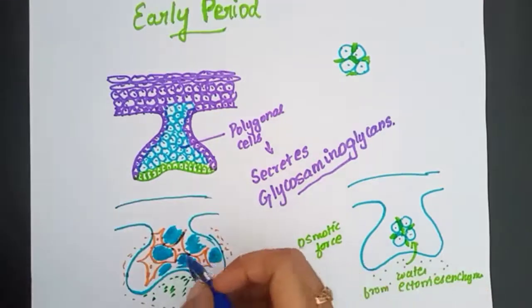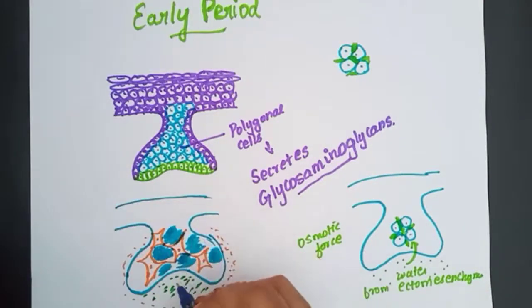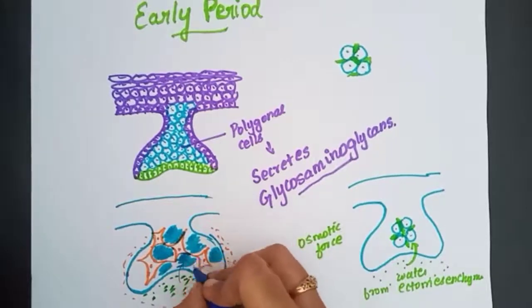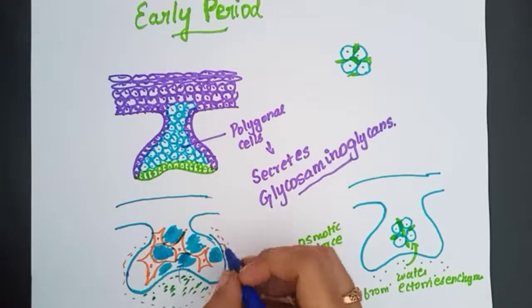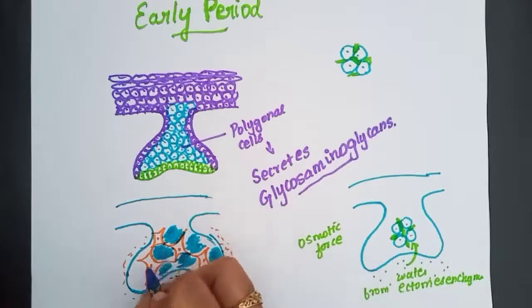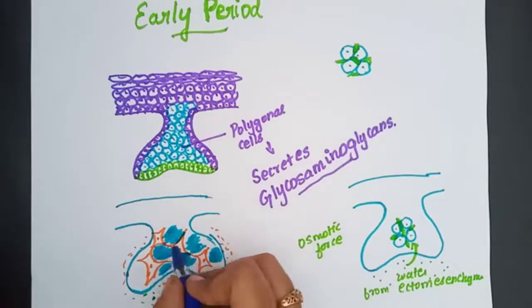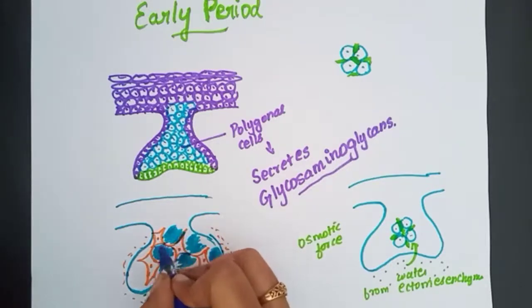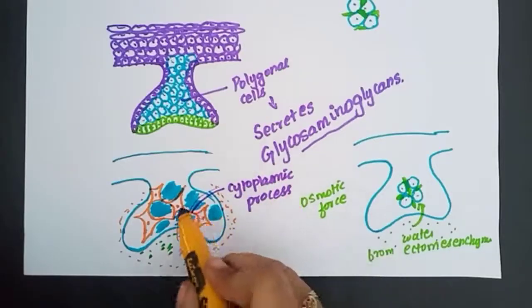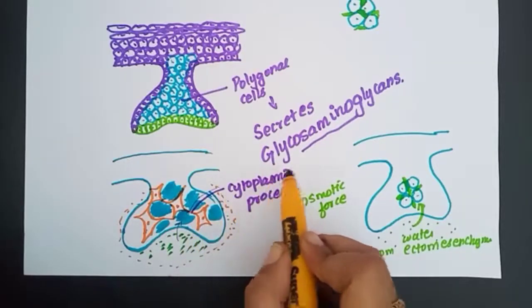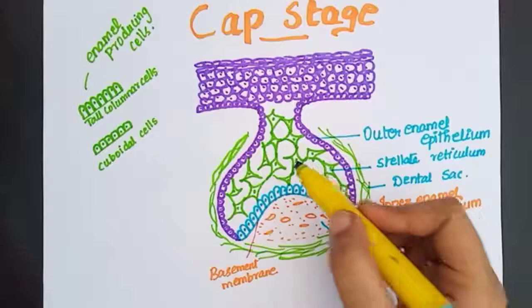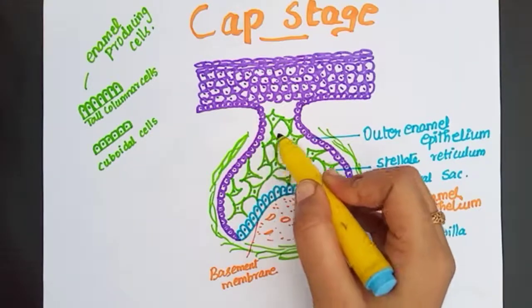Now, what happens is, the water which is getting into the enamel organ from the dental papilla pushes the cells away from each other since they are present in the intercellular spaces and causes the cells to become star-shaped. But they still remain in contact with each other by cytoplasmic processes. This is how the stellate reticulum is formed, alright?